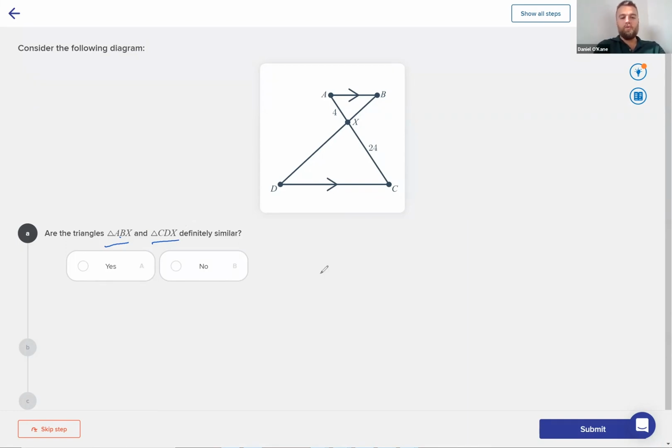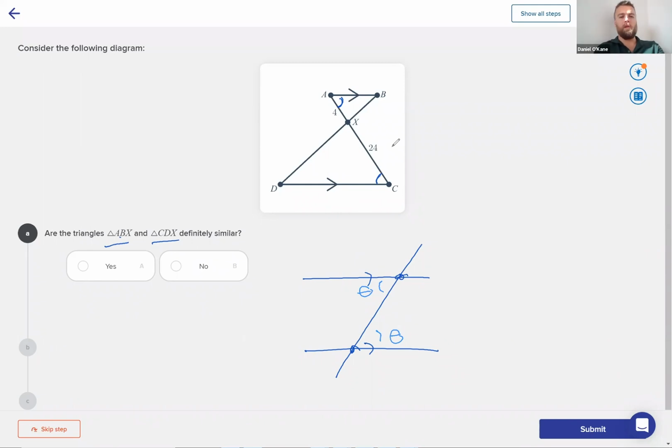So there's this rule for parallel lines where if you have a transversal, a line that joins those two parallel lines, there are some rules, like the alternate angle theorem, where this angle and this angle are going to be equal. And so if I look in this example, I know that because of these two parallel lines, this angle and this angle are going to be the same.